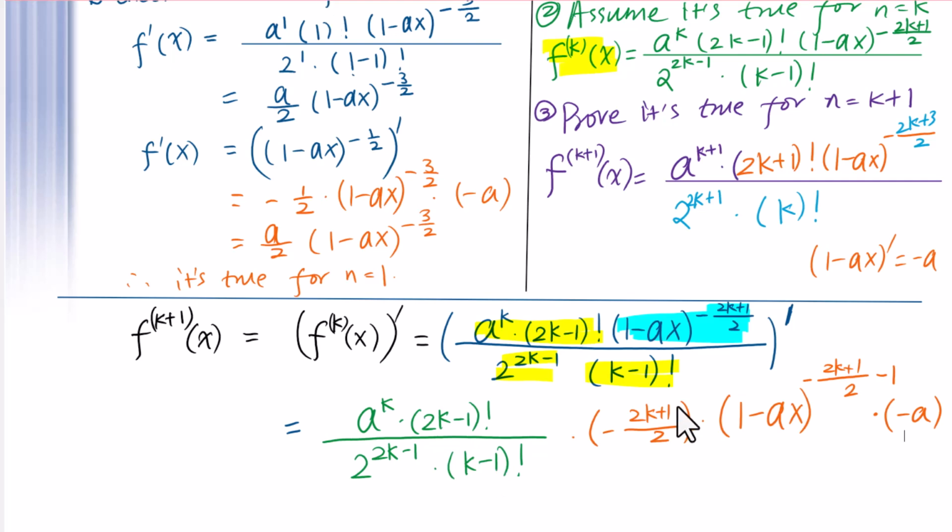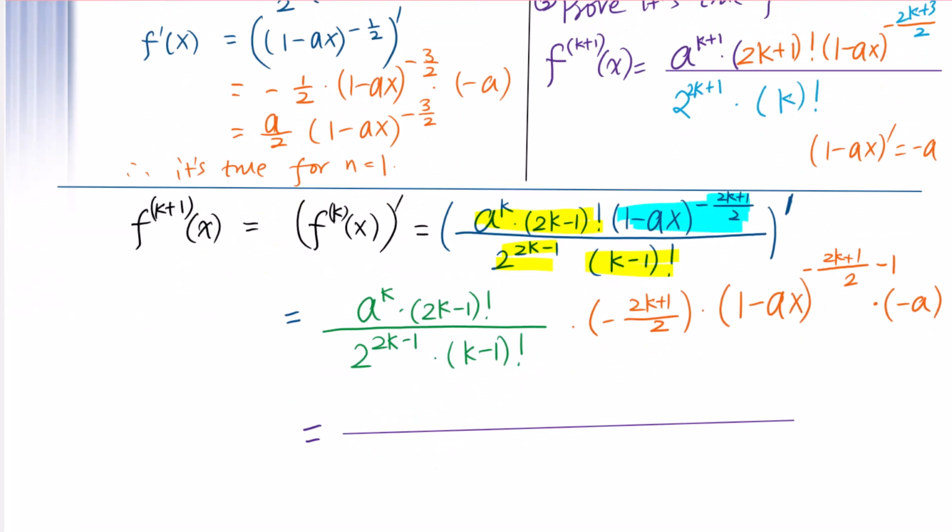(1 minus ax) prime equals negative a. Then we organize. First of all, let's check the sign. Negative times negative is positive. Then a to the kth power times a is a to the power of k plus 1, times this 2 as a denominator. So 2 to the power of 2k minus 1 times 2. Add exponents, we got 2 to the power of 2k.